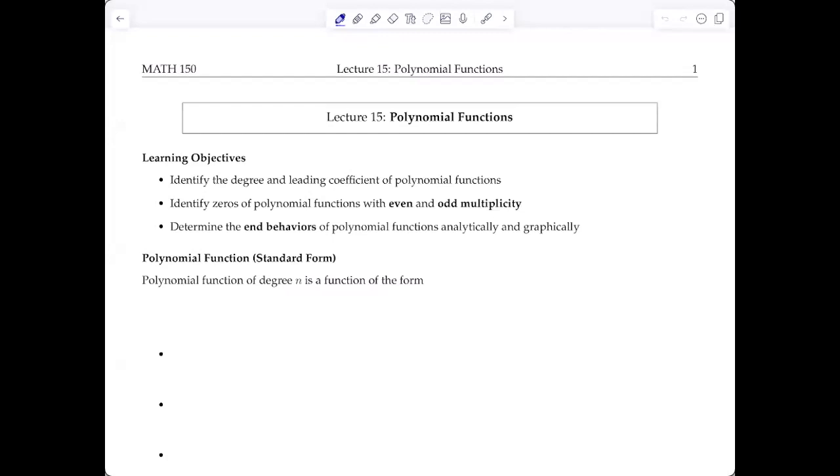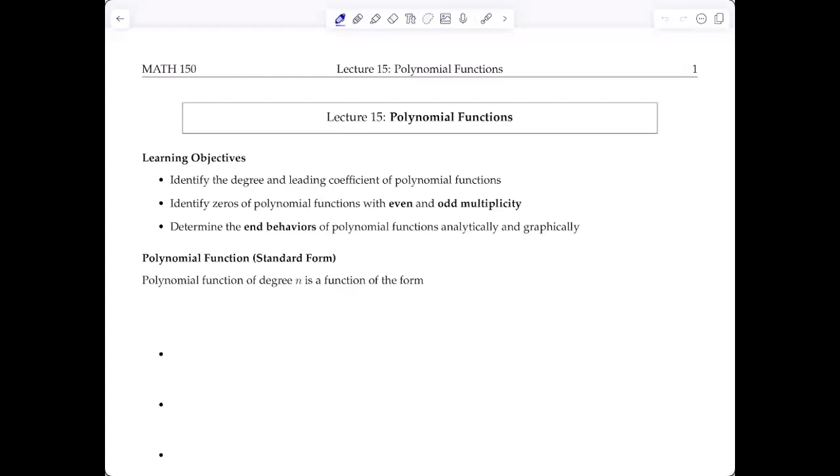So hopefully at the end of this lecture, you will be able to identify polynomial functions, more specifically the degree of polynomial functions and the leading coefficients of polynomial functions, because it's quite important to determine the leading coefficients. From the leading coefficient of a polynomial function, you can identify other things such as the end behaviors, or how the graph of a polynomial function behaves.